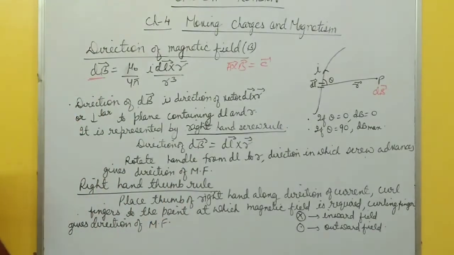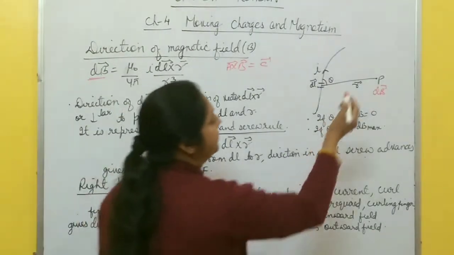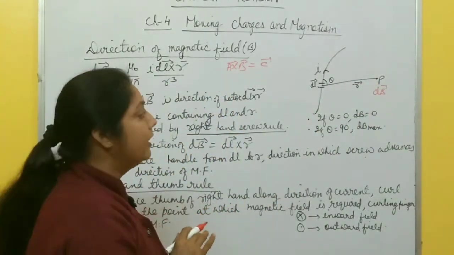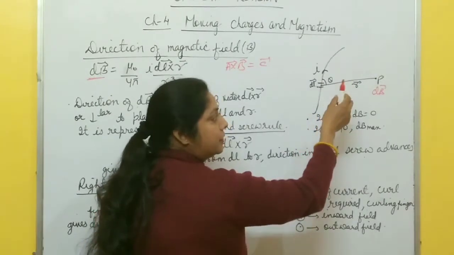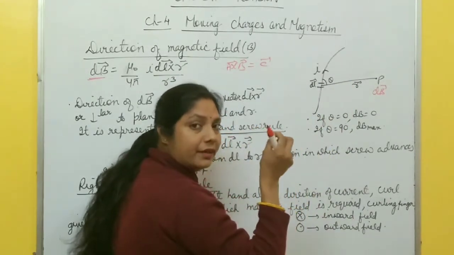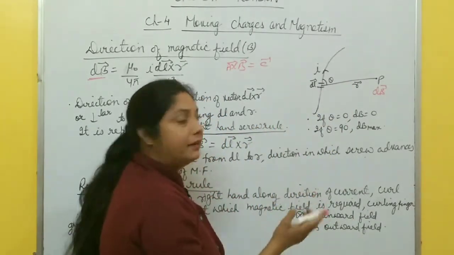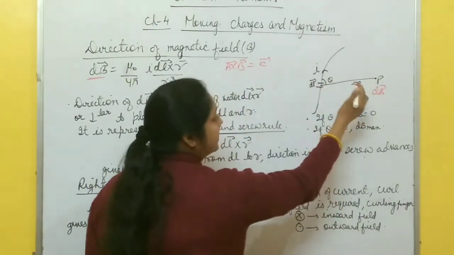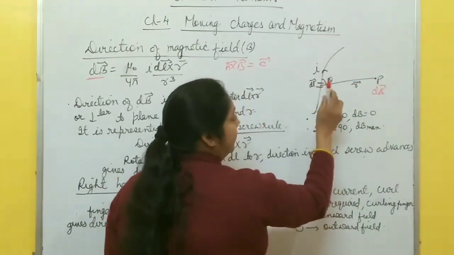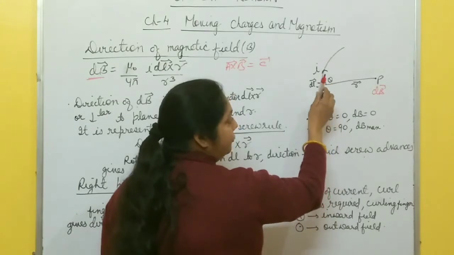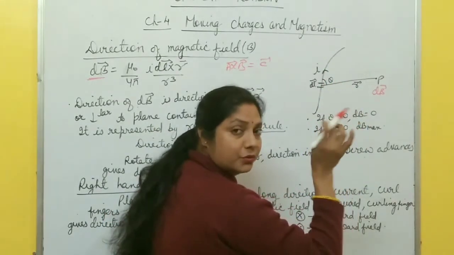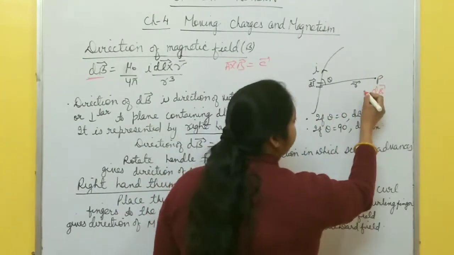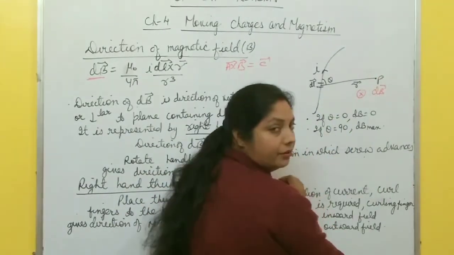What is this right hand screw rule? If you place a right handed screw at a point P perpendicular to this plane and rotate its handle from dl to r, the direction in which the screw advances gives the direction of the magnetic field at this point. So here in this case at point P, rotate the handle from dl to r. The screw goes inward, so the direction of the magnetic field at point P is inward.